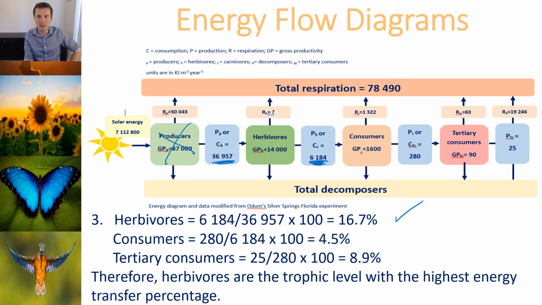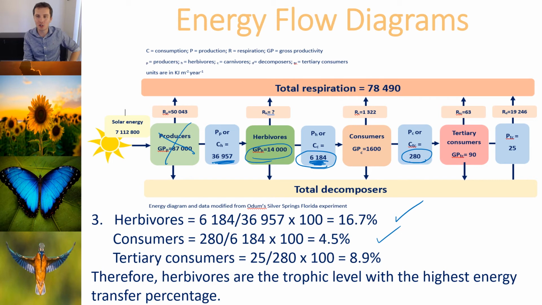Then to look at the consumers, well, this is their net production and this is the net production of the previous trophic level. Ignore the gross production because we are always focusing on the net production. The gross takes into consideration the amount lost as respiration, but we want to know how much was actually passed on or available at that next level. So we have 280 divided by 6,184, which you should have got 4.5%.